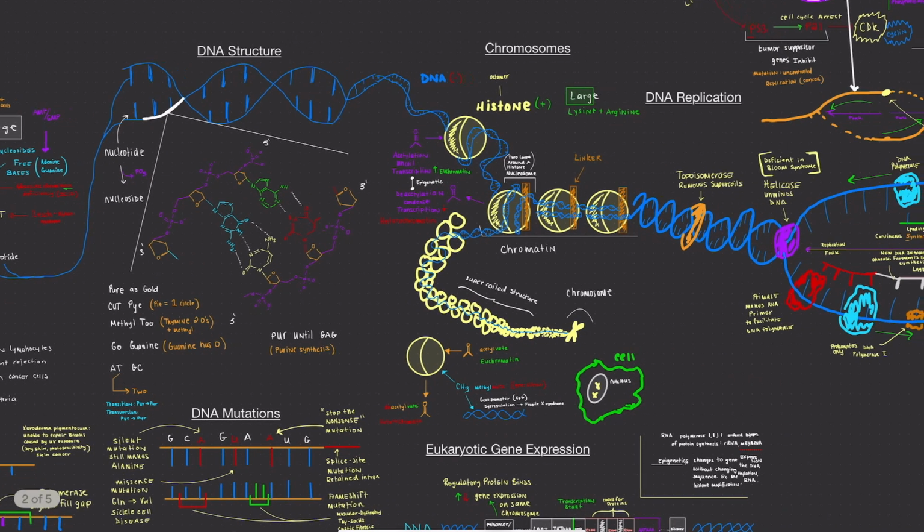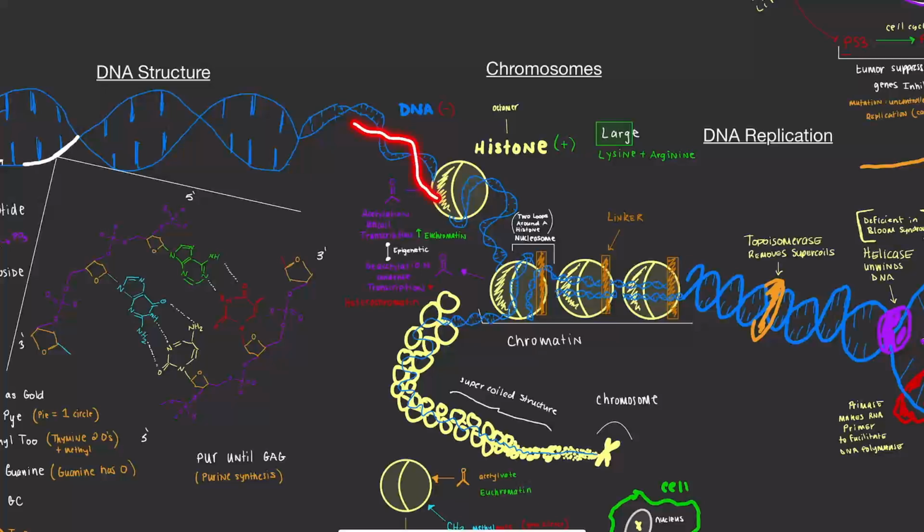We also looked at the DNA in context. We saw that it doesn't just sit in isolation, but in fact coils around a protein called the histone. And it does this over and over again until you get a supercoiled structure that we commonly call the chromosome.